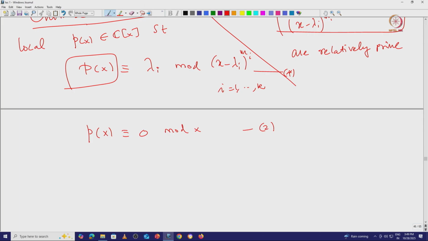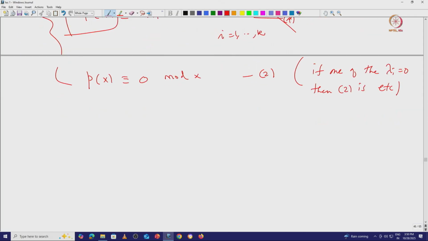This 2 is actually extra if one of the lambda_i is 0, but that is okay, it does not spoil our motivation. Since x and (x minus lambda_i) to the power m_i are all mutually relatively prime, we will be able to locate such a polynomial.